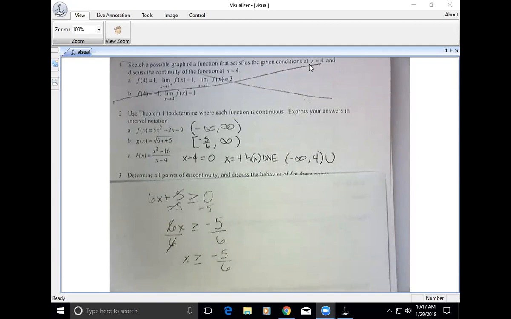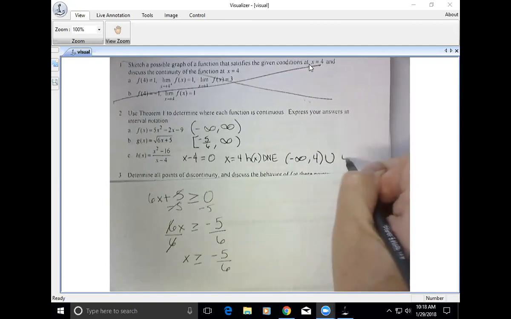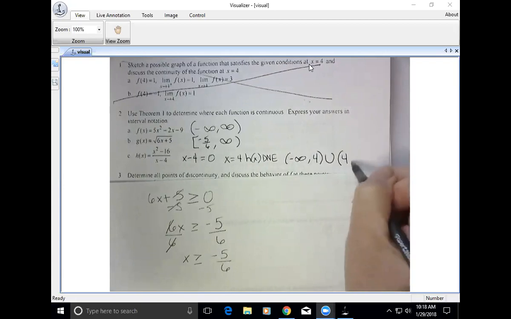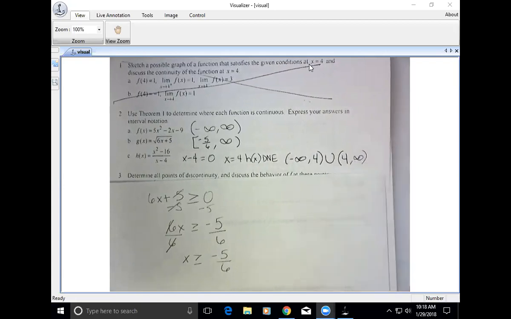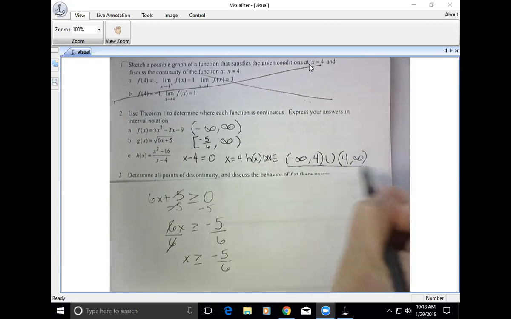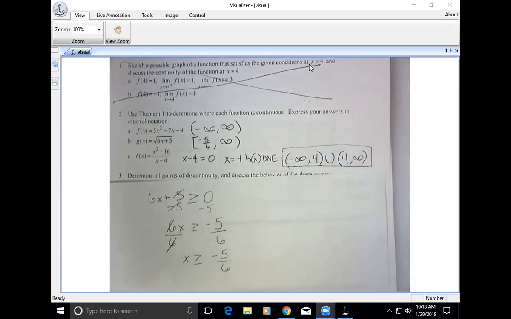So I start at where? 4. But do I want to include it? No, that's why I'm going to have to put a parentheses around the 4 and then go to positive infinity. That's how you would use interval notation to show I'm continuous everywhere except when x is 4.